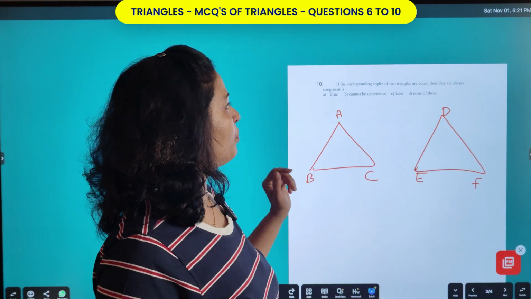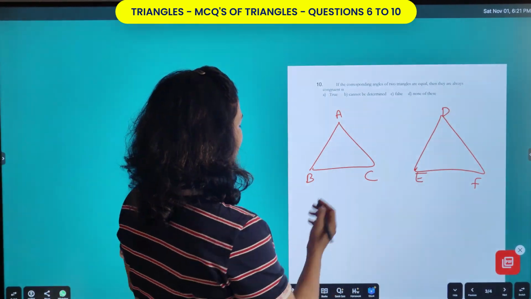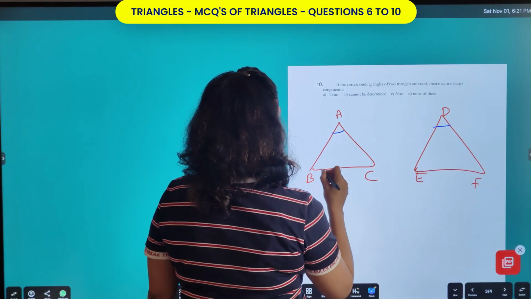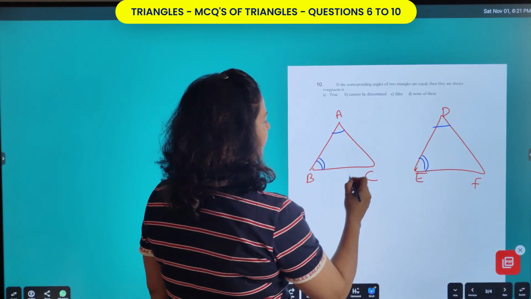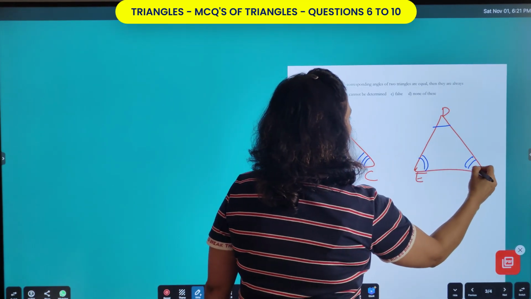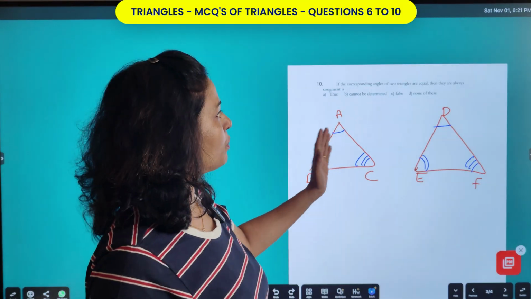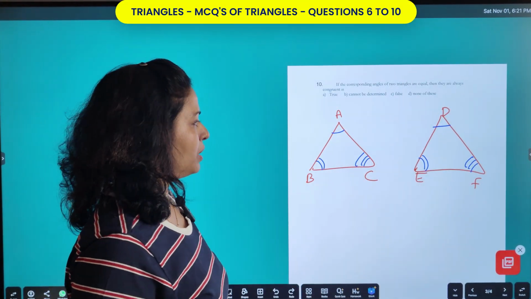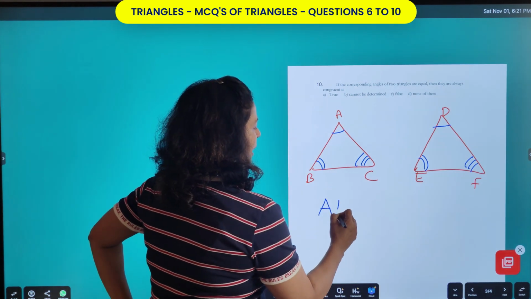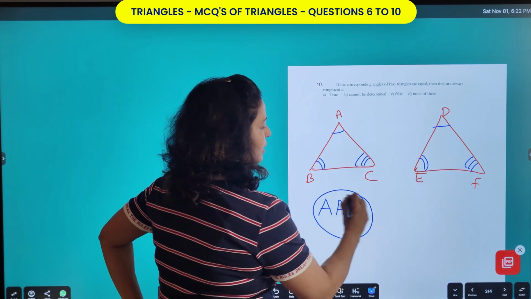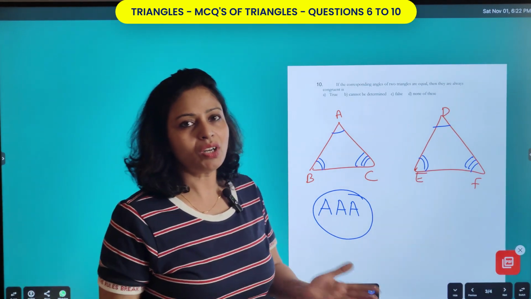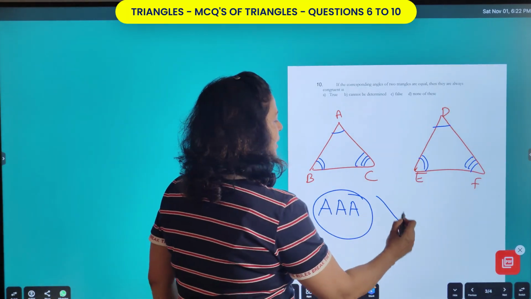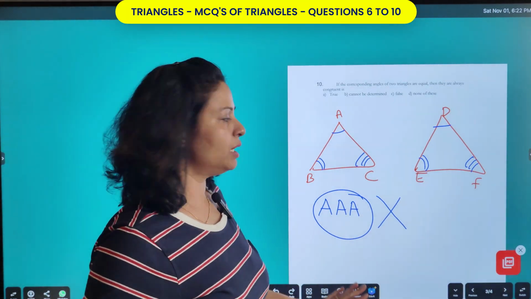The question is saying if the corresponding angles of two triangles are equal, you can draw angle A equal to angle D, angle B equal to angle E, angle C equal to angle F, then they are always congruent. But have we studied AAA congruency? We have not studied it. We have studied only 5 congruencies, so this congruency is not there.